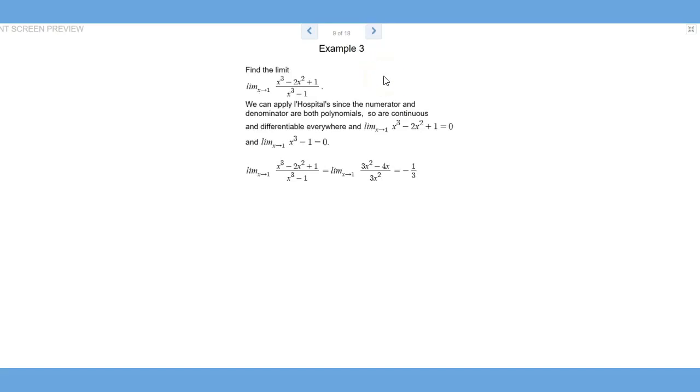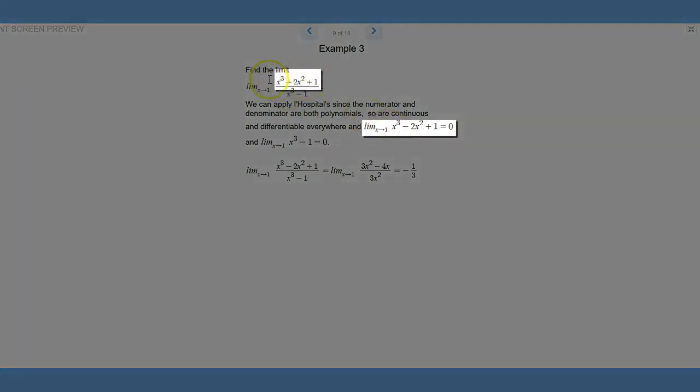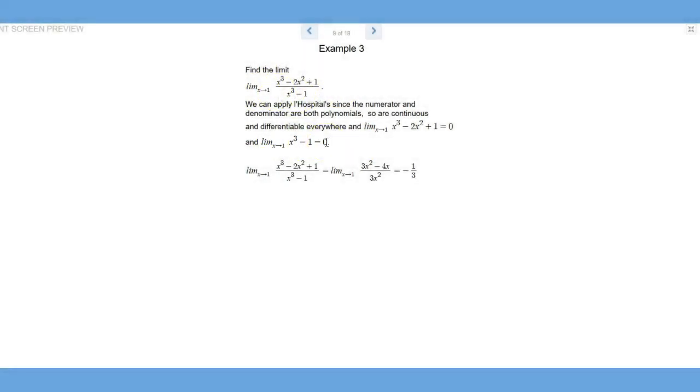Here's an example, given just a function, not the graph. If you look at the numerator and denominator, these are each polynomial functions. They're continuous. So the limit as x goes to 1 of each of these is just found by evaluating each of them. Since the limit as x goes to 1 of this numerator is 0, and the limit as x goes to 1 of this denominator is 0, I can use L'Hopital's.